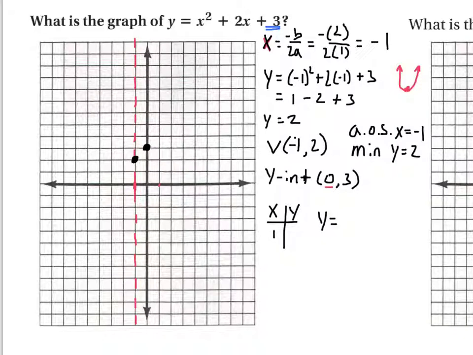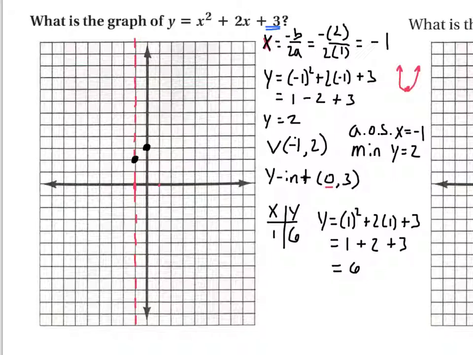Well, y equals 1 squared plus 2 times 1 plus 3. 1 squared is 1, 2 times 1 is 2, plus 3. What's our y value? 6.